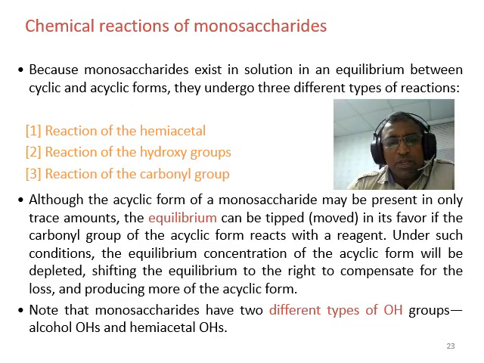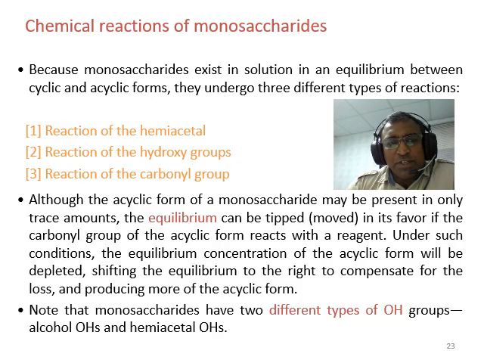It could also be a reaction of the hydroxy group, either the hydroxy group belonging to the anomeric carbon or the non-anomeric carbon. It is also involving the acyclic, which is in trace level, the carbonyl group. So these are the three types of reaction.